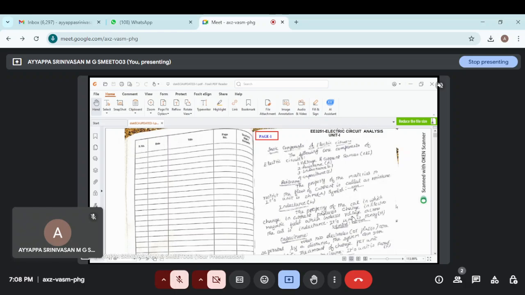Likewise, inductance is the property of the coil in which a change of current produces a change in magnetic field and hence voltage across it. Whenever the current flowing through a particular component changes, the flux will change, and this changing flux will definitely induce an EMF. Such a thing is called inductance.